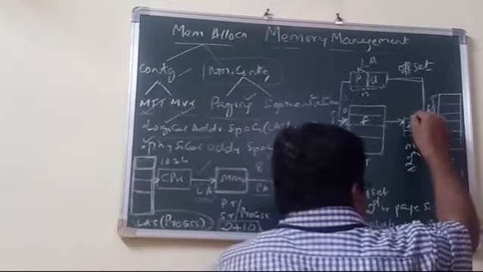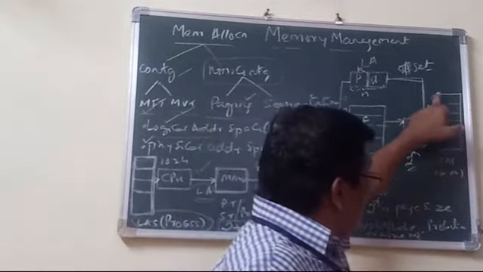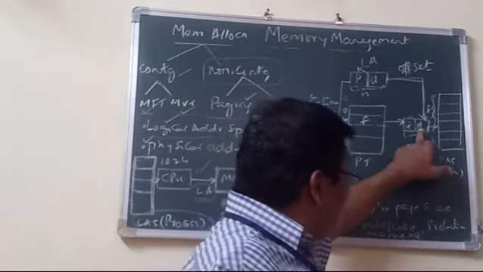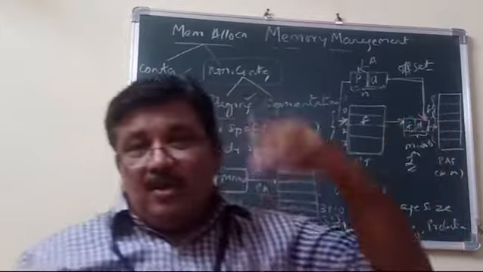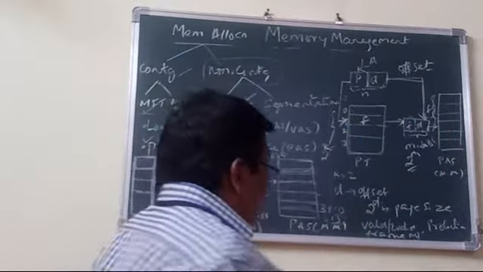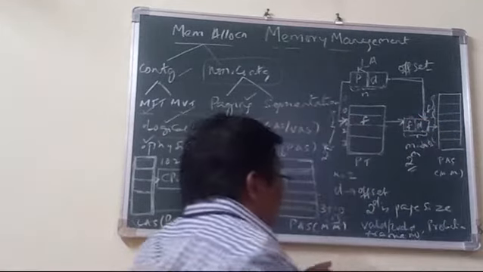This physical address is used to address a location within the physical memory. Here F is used to address the frame number, and D is used to address the location within the given frame.